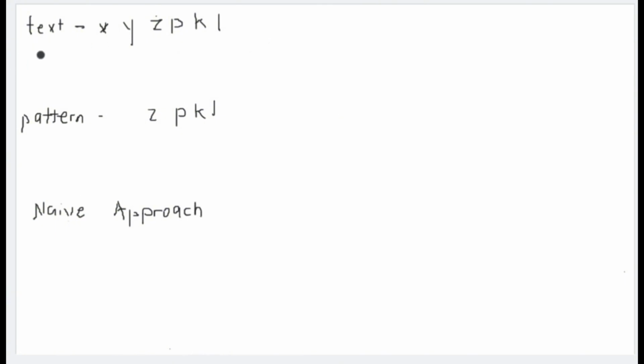Okay, so we are given this question, which consists of a text and a pattern. The text can also be considered as our string. In this text, we are given the characters x, y, z, p, k, l. And for our pattern, this is what we need to search for: z, p, k, and l.